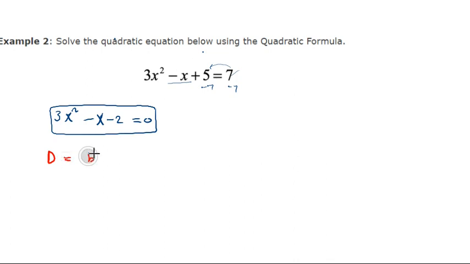Discriminant equals b squared minus 4ac.